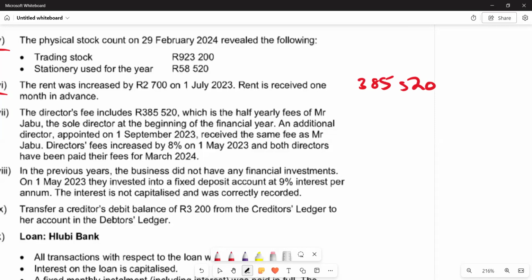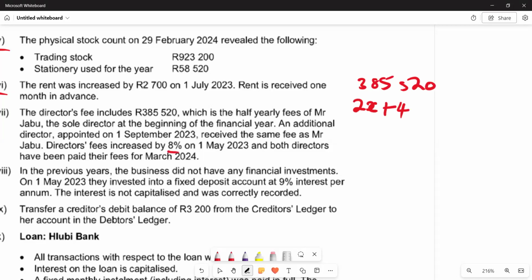March and April, for the first 2 months, it was not increased. Then May, it was increased. From May, we count another 4 months. So we let the monthly director's fees be X. So 2 times X, which is 2X, before it was increased, 2 months, then the other 4 months, it was increased by 8%.